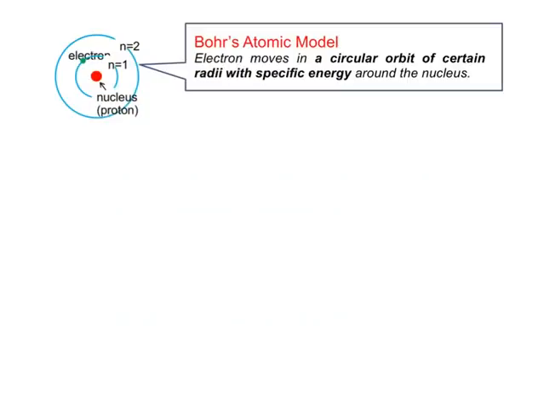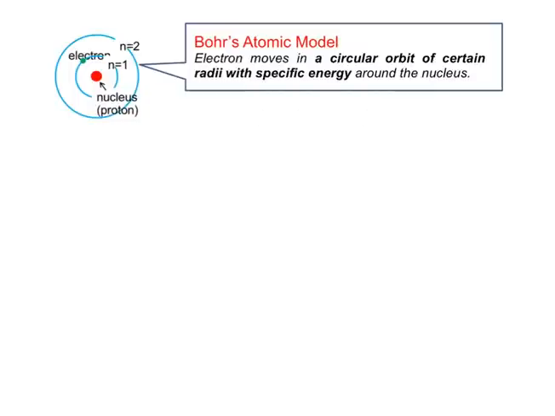Bohr proposed that electrons were restricted to spatial orbits around an atom's nucleus. They could jump between spatial orbits, and the energy produced by the jump caused a specific color of light, observed as spectral lines.